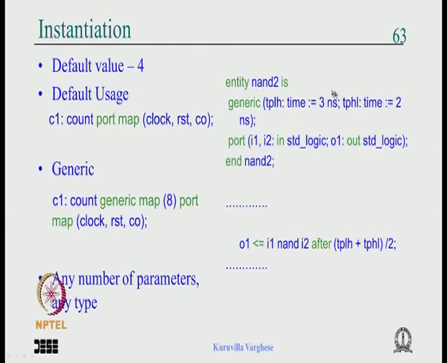Say we are writing this only for simulation, entity NAND2, that is the entity's name, and this is a port declaration. I1 and I2 are inputs, O1 is the output of standard logic type, and we have two generics.